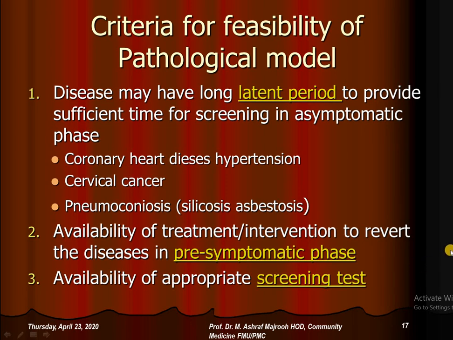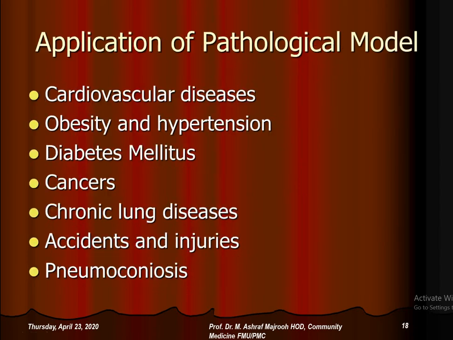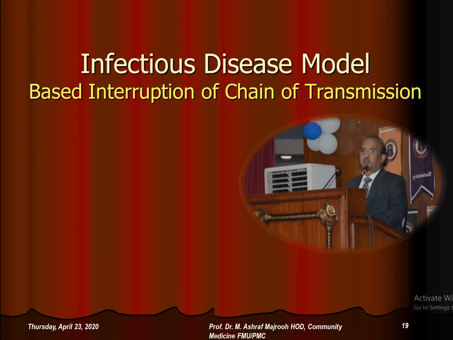So these are the criteria for selection of the pathological model. The pathological model is applied in cardiovascular diseases, obesity and hypertension, diabetes mellitus, cancer, chronic lung diseases, accidents and injuries, and pneumoconiosis. So this is the application of the pathological model.